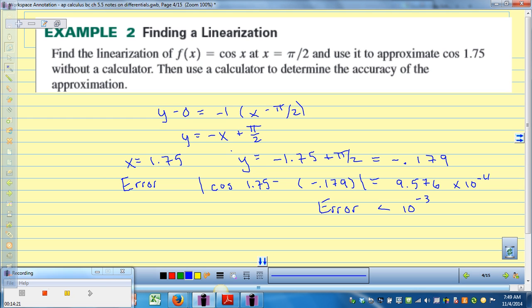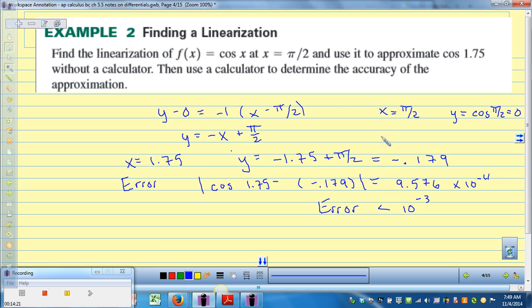Yeah, next. Can you explain how you got y minus 0 equals negative 1, x minus pi half? You bet. So they gave us an x value of pi half, right? So x equals pi half. We need to plug that into the original function to get the y. So that's where our y is coming from. Y equals the cosine of pi half, which is 0.